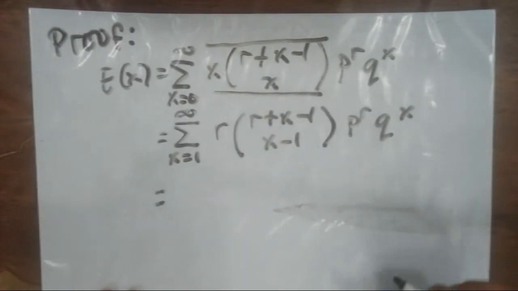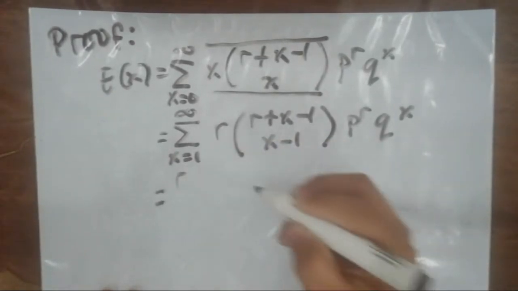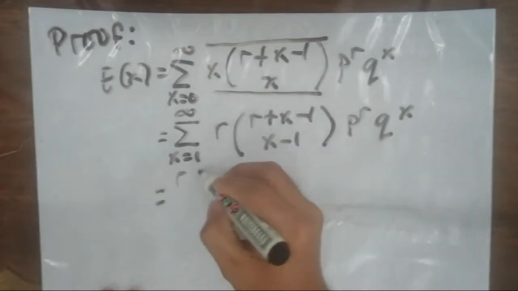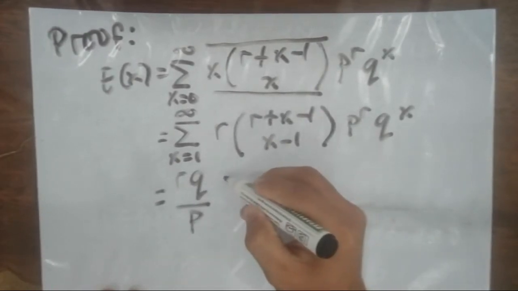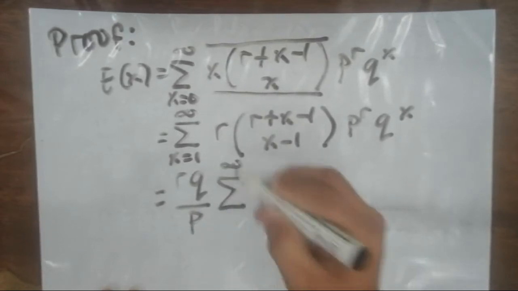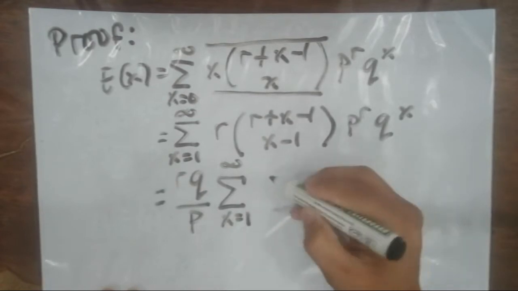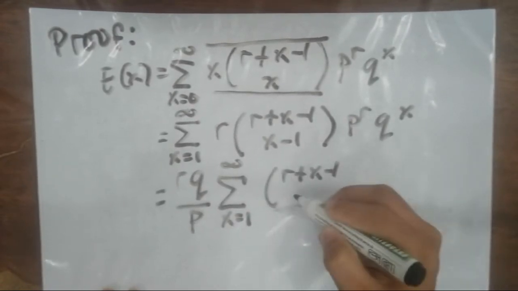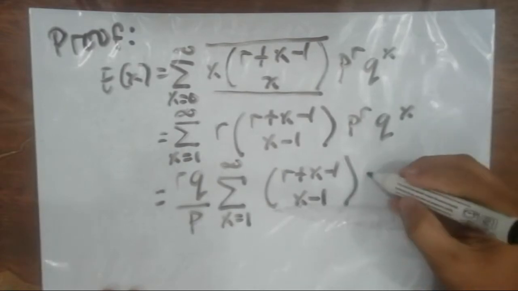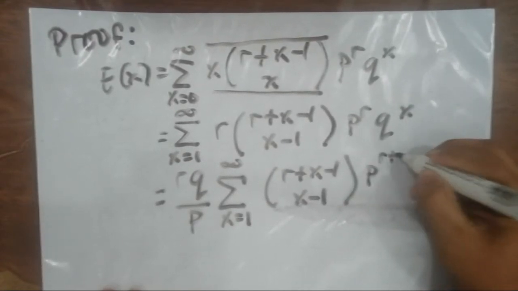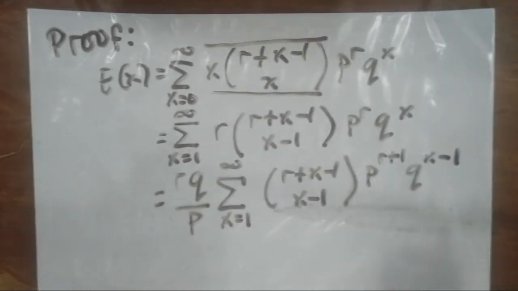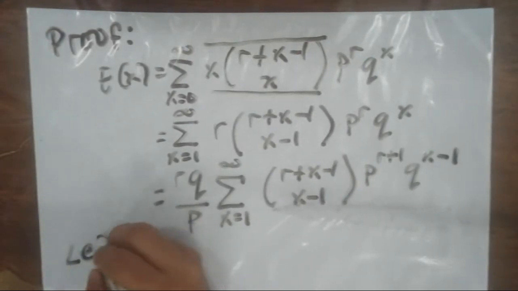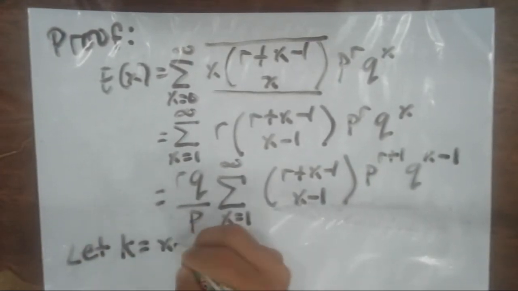Then let's make the constant outside of the summation. So r, and we're going to take 1 off of q and 1 off of p, so r q over p times the summation of the combination of r plus x minus 1, times p raised to r plus 1, times q raised to x minus 1. As you can see, let k be equal to x minus 1.